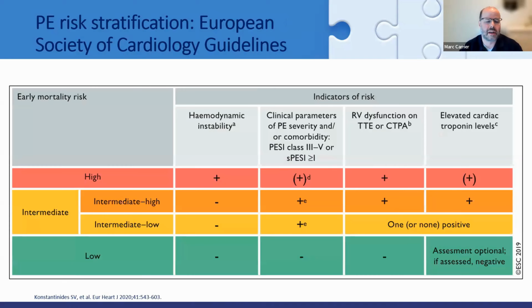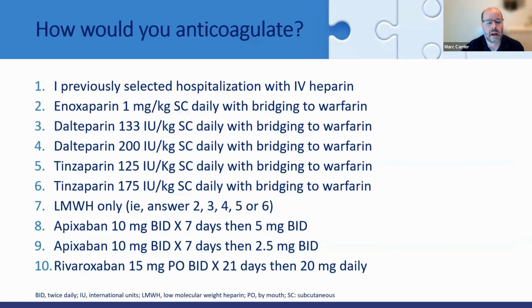When you look at the ESC risk stratification, although we didn't specifically look at the right ventricle, the patient would probably be in the intermediate-low or low risk category. So I agree with you, I would probably feel comfortable from a PE burden perspective managing this patient in the outpatient setting. Now, maybe hospitalization is required, as Erica mentioned, because of the renal dysfunction.